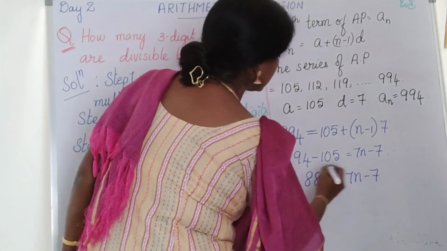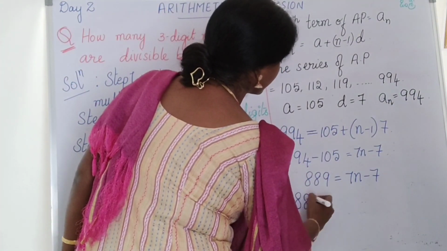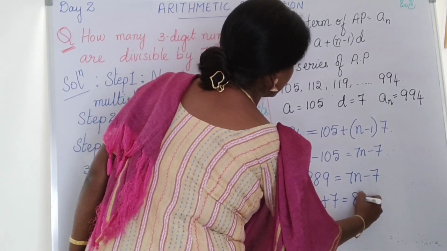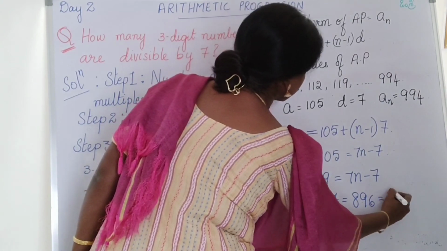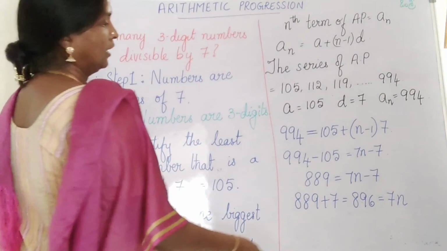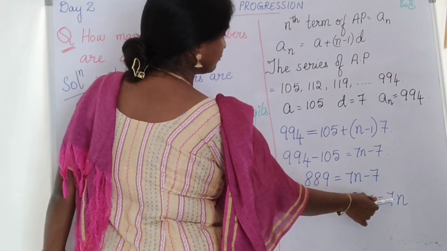So here minus 7 will become plus 7, which will be equal to 896, is equal to 7n.